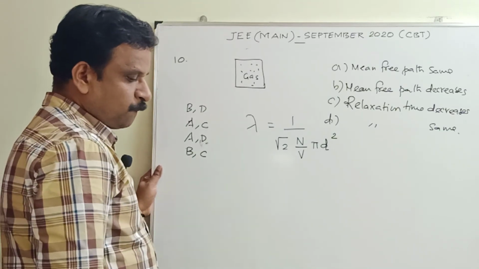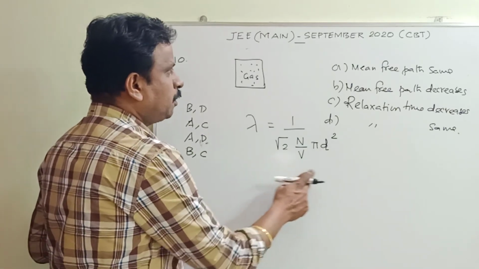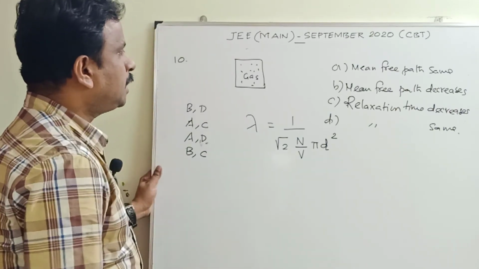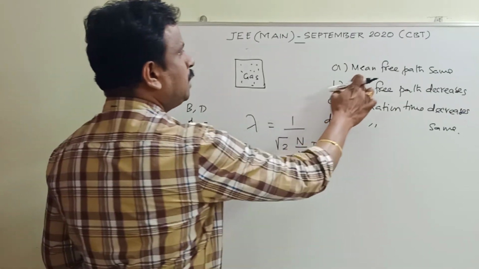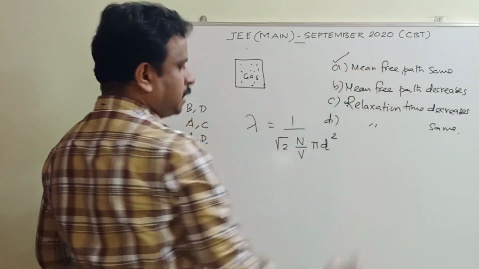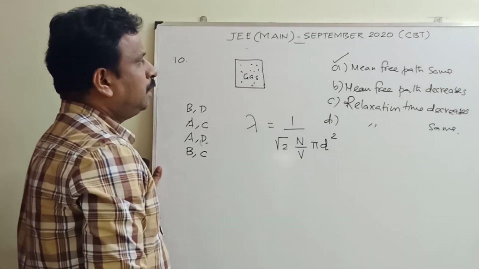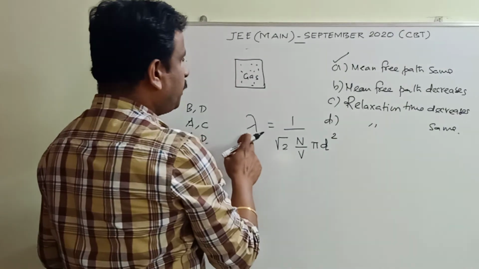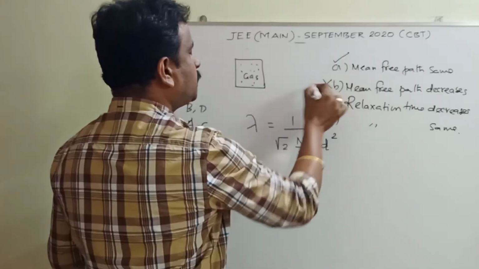Here there is no specification about the temperature, right. So when you increase the temperature, nothing will happen to the mean free path. So this statement will be correct. And mean free path decreases: it is not depending on the temperature, so nothing will happen. So this will be a wrong statement.